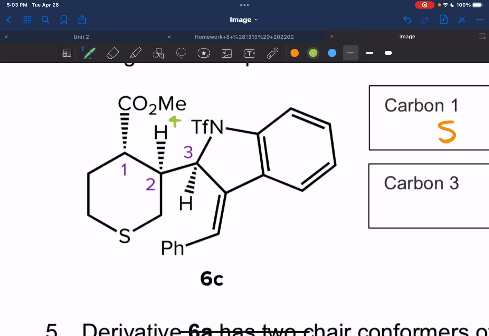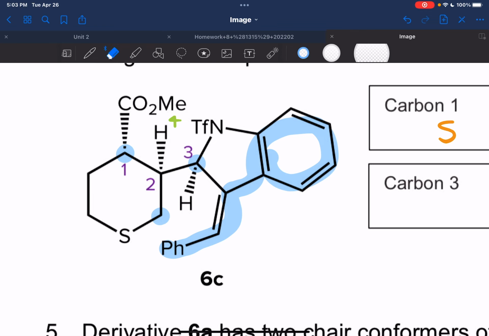So this carbon below is attached to a sulfur molecule, which is considered pretty large. Then this other carbon to the right is attached to a nitrogen, which is also pretty large, as well as all of these other groups over here. And this carbon is attached to another carbon on both sides, and then the oxygen methyl group.